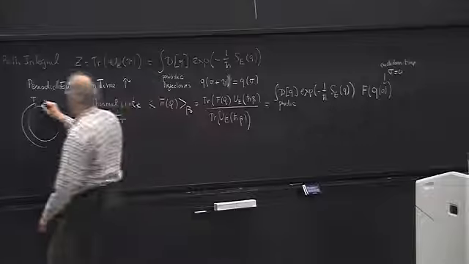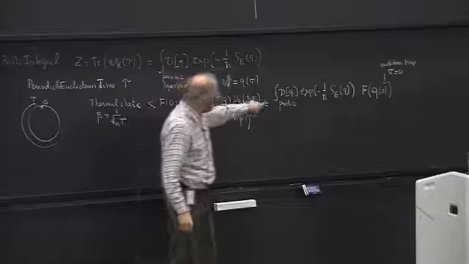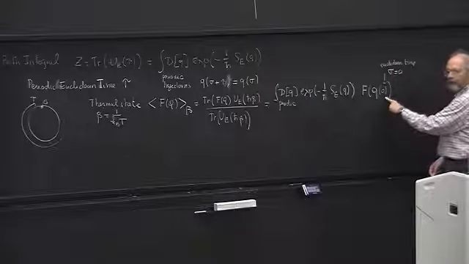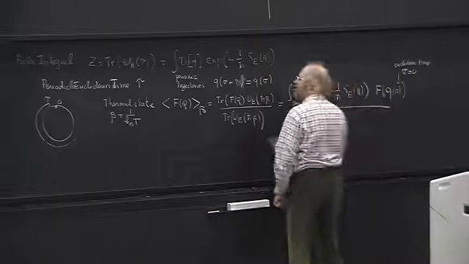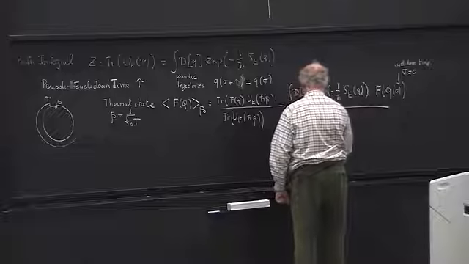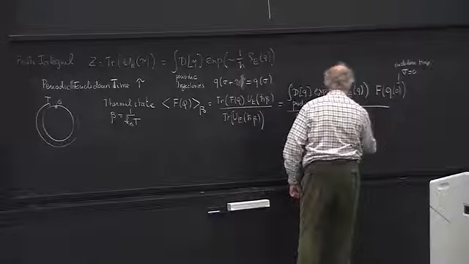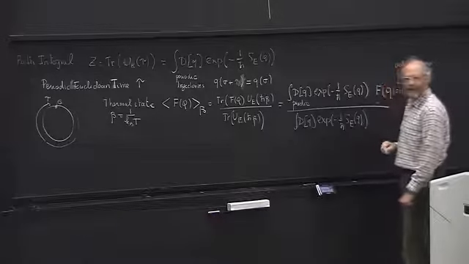So that's the numerator. The numerator is given also by a path integral where we insert the function f of the position q at time 0, and we divide by this path integral without the insertion of the operator.